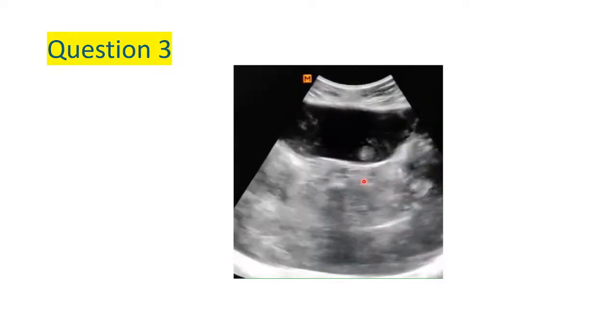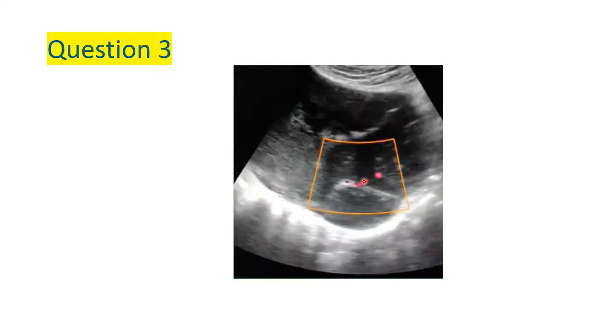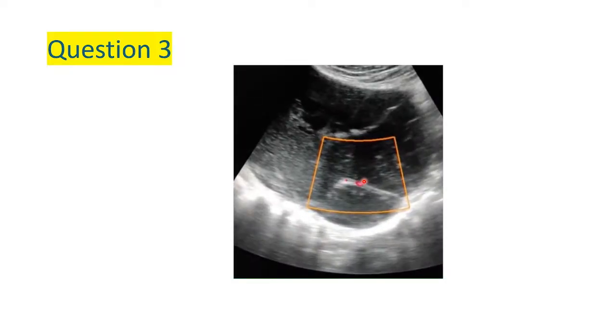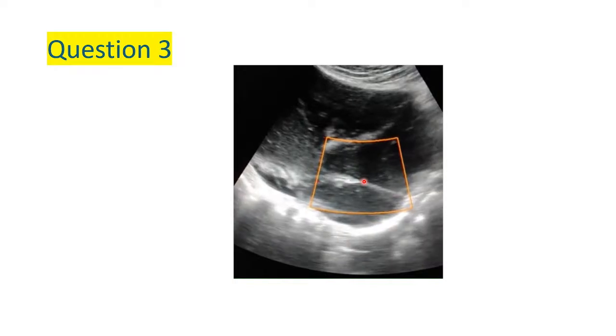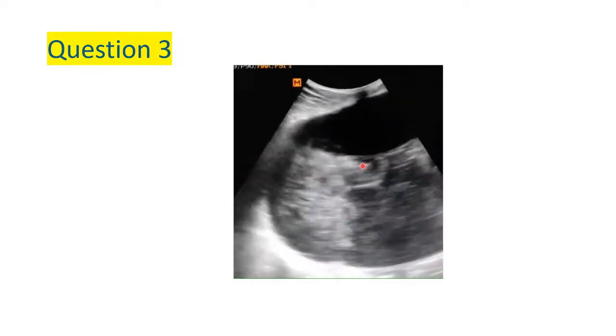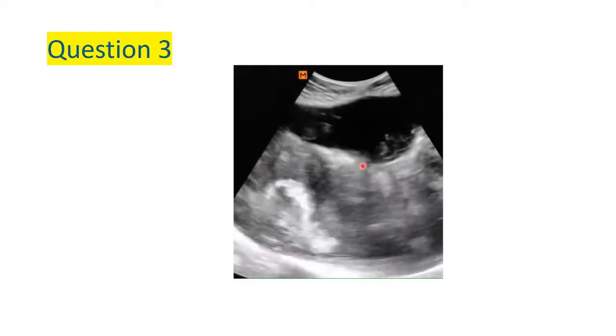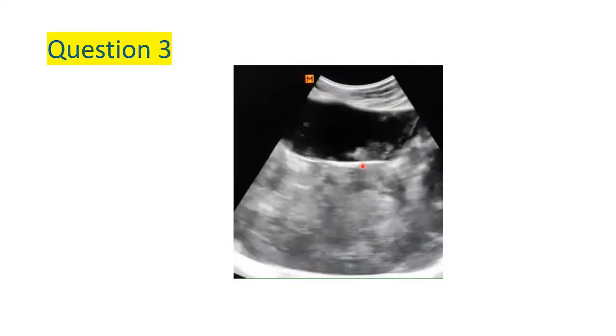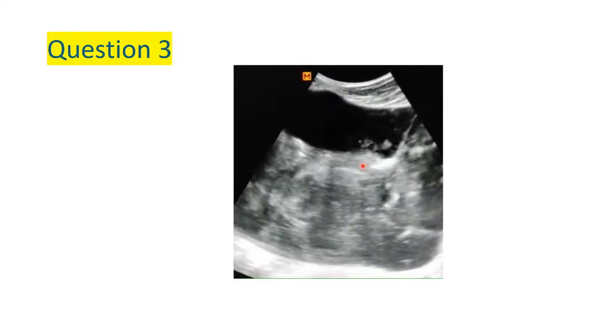It's not entirely a solid mass, so there's free fluid and some debris inside, and there are also pockets where we do have blood flowing on our Doppler. So, ladies and gentlemen, this is in keeping with a malignant transformation.